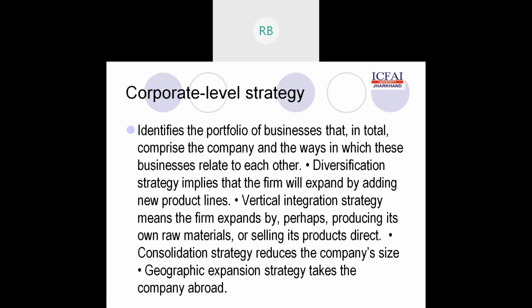Vertical integration strategy means the firm expands by perhaps producing its own raw material or selling its products direct. Consolidation strategy reduces the company's size. Geographical expansion strategy takes the company abroad.